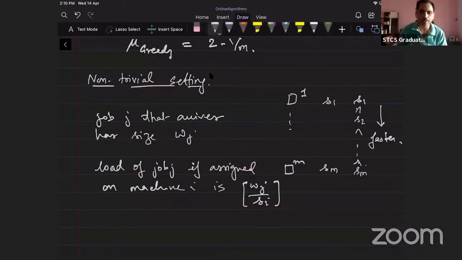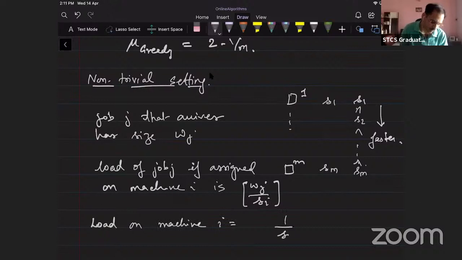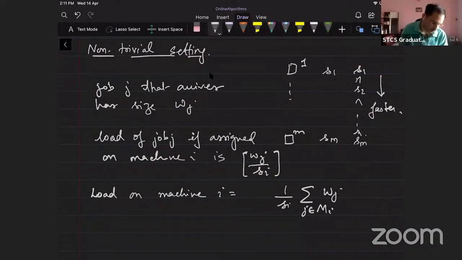A job on its own has a size, which is Wj, but if you assign it to a particular machine, the load it imparts depends on the speed of that machine. Okay. So similarly, the load on machine I is nothing but 1 by Si times the summation of Wj, for J assigned to machine I. And the objective is as before, minimize the maximum load.